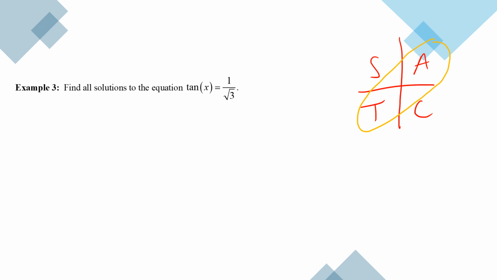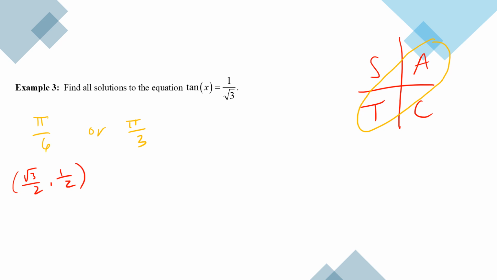You only have a couple options. Your options are either going to be pi over 6 or pi over 3, right? When you're thinking about their coordinates at pi over 6, the coordinate is square root of 3 over 2, comma, 1/2, correct?